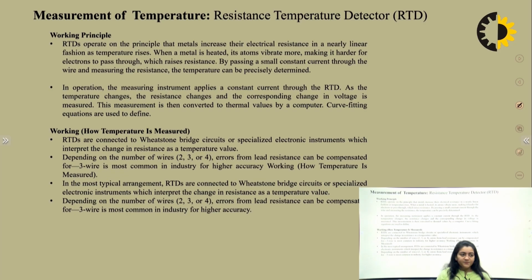Now, how is temperature measured? RTDs are connected to a Wheatstone bridge circuit or a specialized electronic instrument which interprets the change in resistance as a temperature value. Depending on the number of wires, 2, 3 or 4, errors from lead resistance can be compensated for.